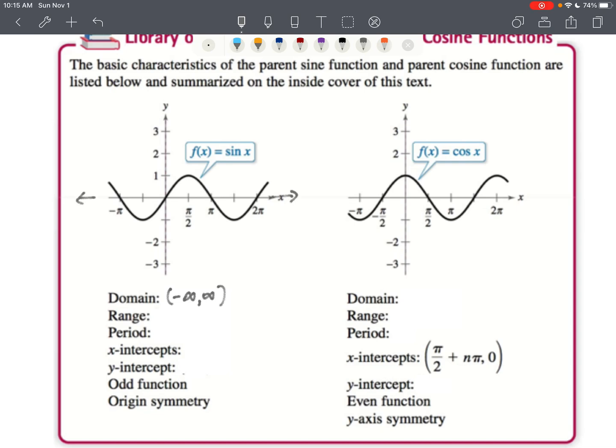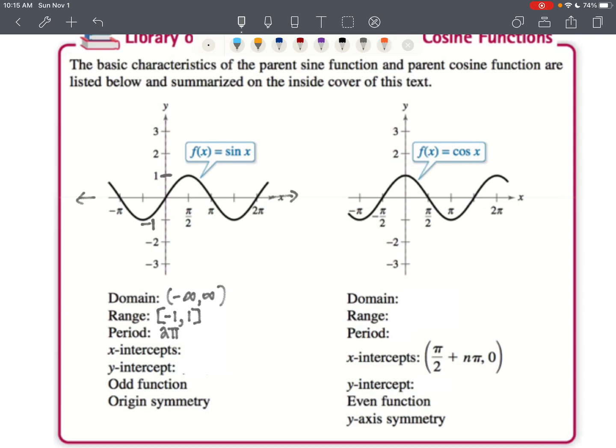The range, however, for this parent function includes -1. That's the lowest point it's going to get to. Here's -1 right here. So it goes as low as -1 to as high as +1. So the range is -1 to +1. This is on the parent function. And then the period is equal to 2 pi. It has a horizontal length of 2 pi.